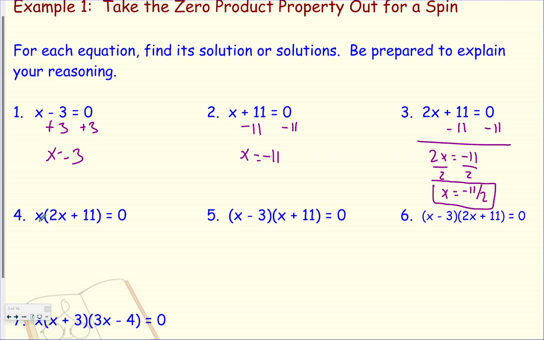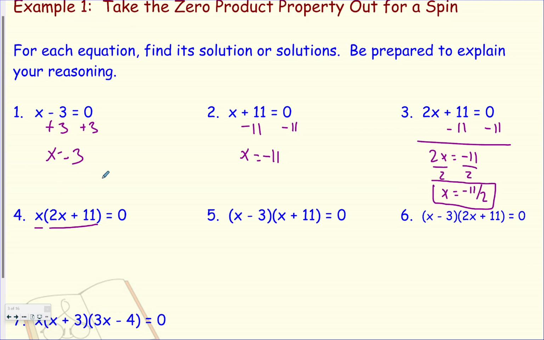This x multiplied by this factor in parentheses equals 0. But wait a minute. We have one term multiplied by another term, so in order for this to equal 0, one of these two has to equal 0.